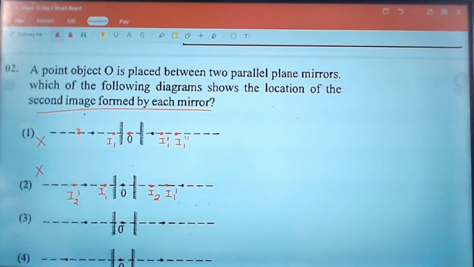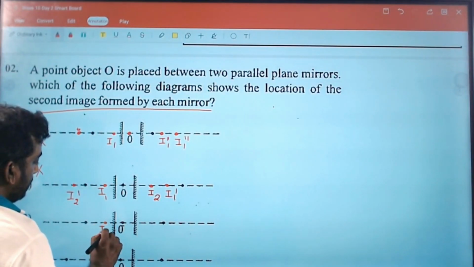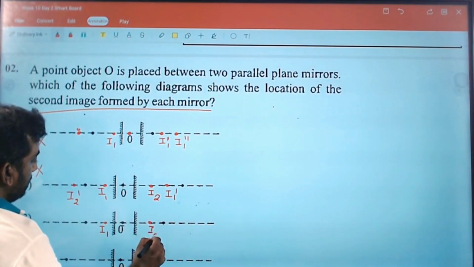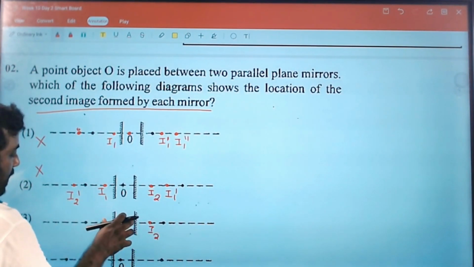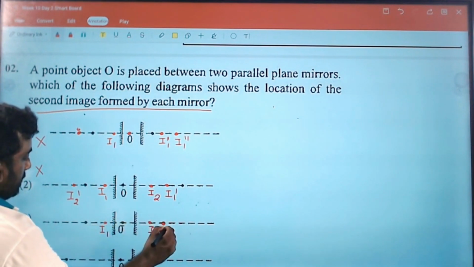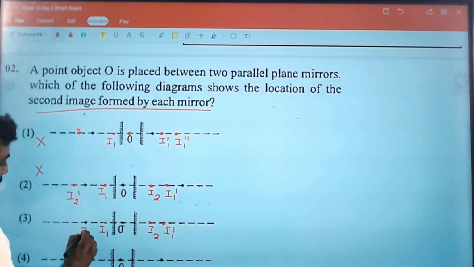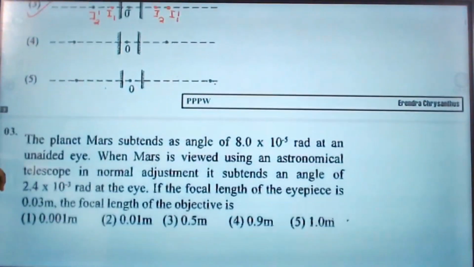The second one was wrong. Here, object distance equals image distance. This will act as the object there. Object equals image, I1 dash. Object equals image, I2 dash. This looks correct. So the image for the second location is correct.